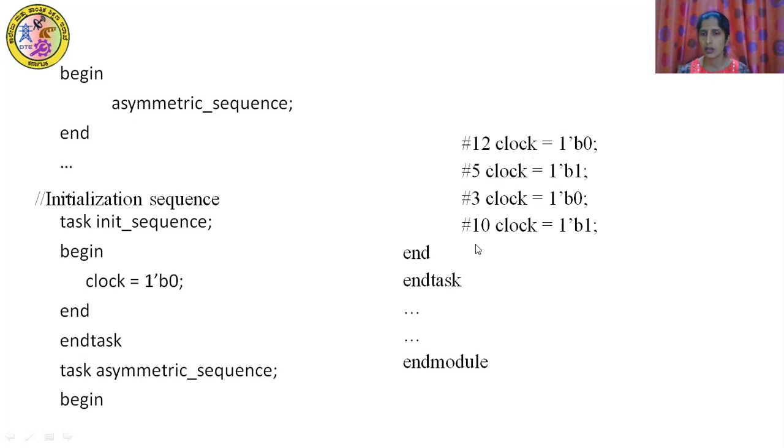And the last statement, clock remains in logic 1 state for 10 time units. So in this way, the asymmetric clock sequence will be generated here. So the task ends with the keyword end and endtask. So this is how we can write a task for an asymmetric clock generator.